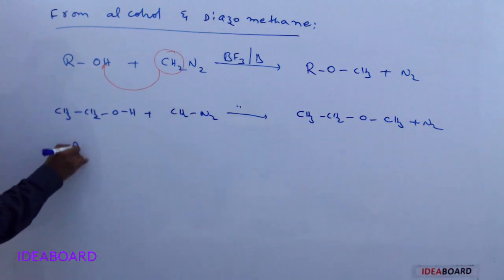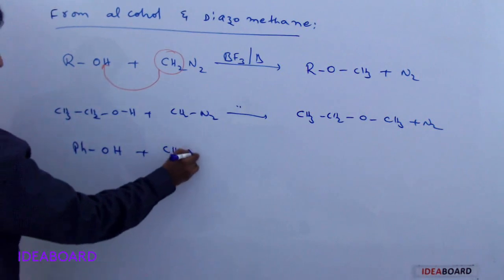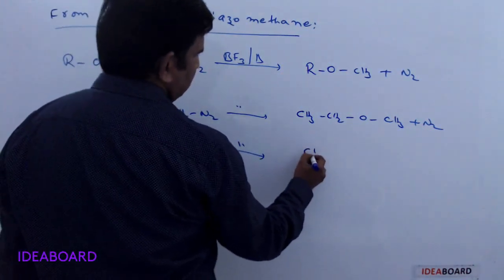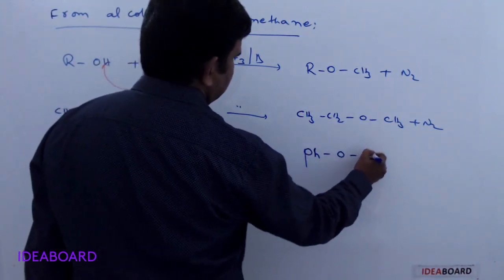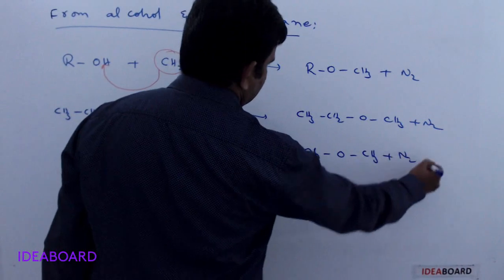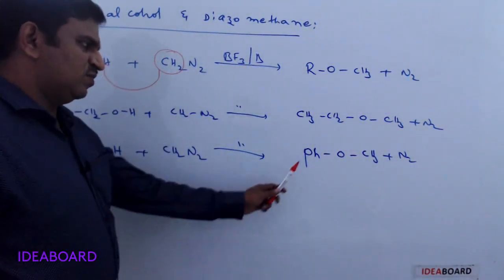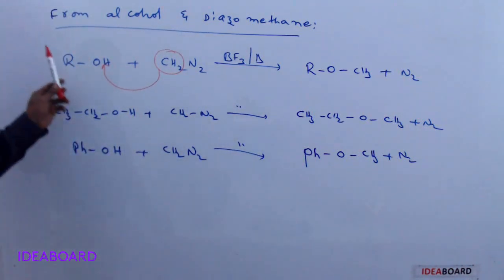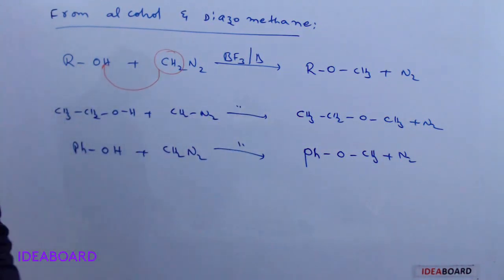Even if you have PhOH plus CH2N2 under the same reaction conditions, it gives PhOCH3 plus N2. This is methoxybenzene, or anisole. So this is the reaction of alcohol with diazomethane to give ethers.